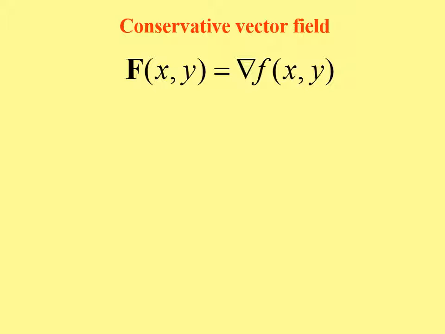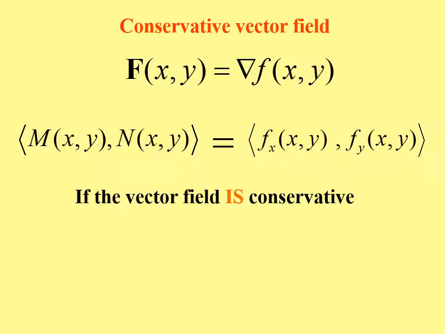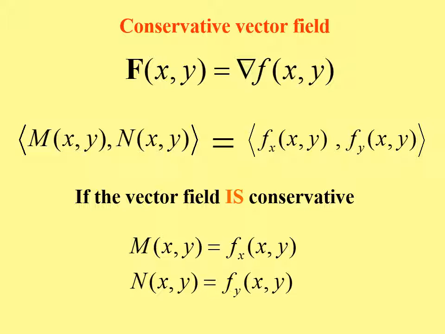So for computational purposes, we're going to take our vector field and refer to the first component as capital M and the second component as capital N. We know that the partial derivative with respect to x is the first component and the partial derivative with respect to y is the second component.